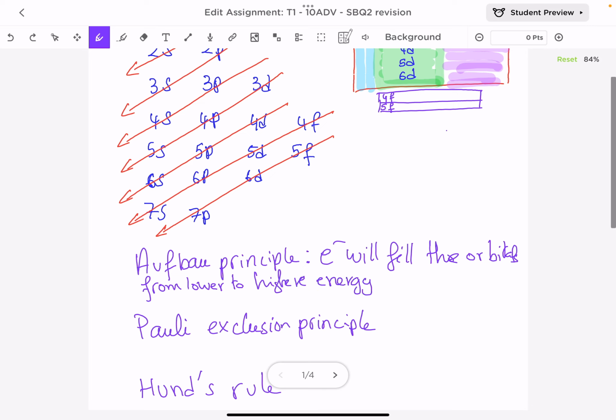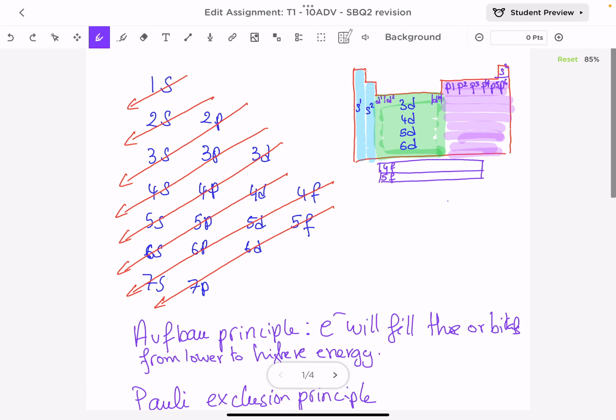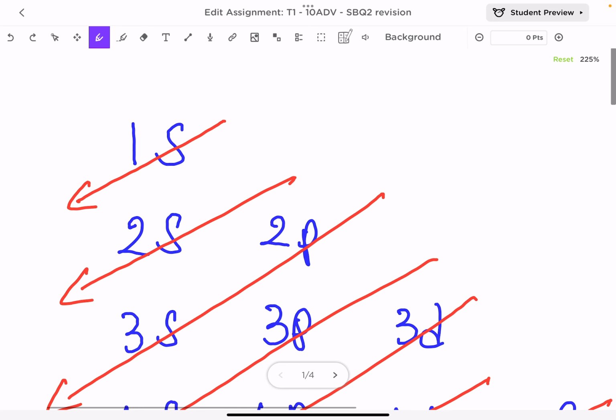You do not skip an orbital, you do not move to the next orbital before filling the previous one completely. I mean by this, an s can contain 2 electrons. You do not start with the 2s unless 1s is full. You do not start with the 2p unless the 2s is filled with 2 electrons.